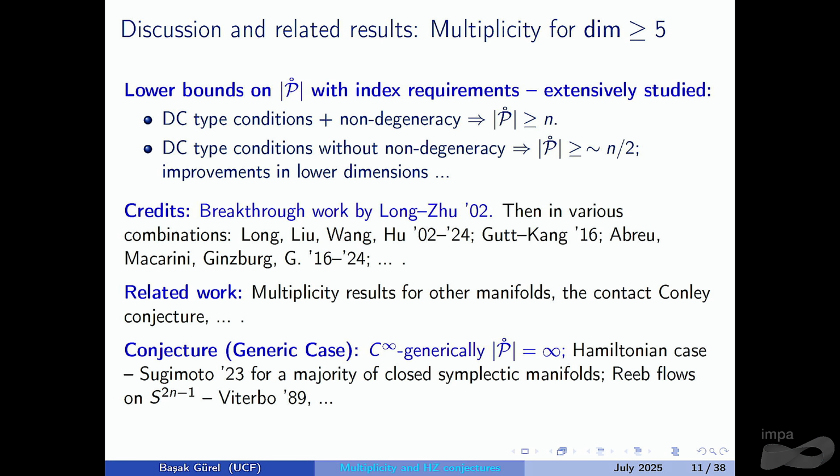So now lower bounds. This is the multiplicity story. What we knew is that if we assume some index condition, back when I defined dynamical convexity, in fact, nowadays one can also get away with a slightly lesser condition than dynamical convexity.